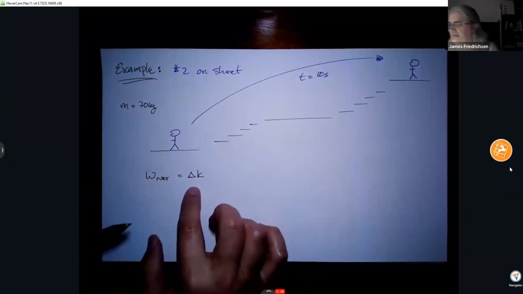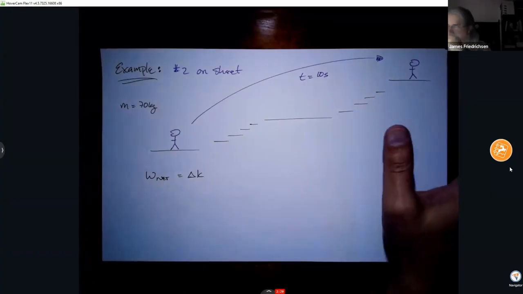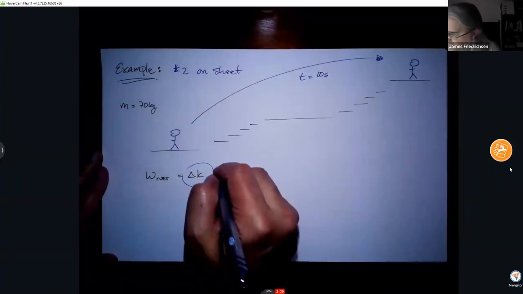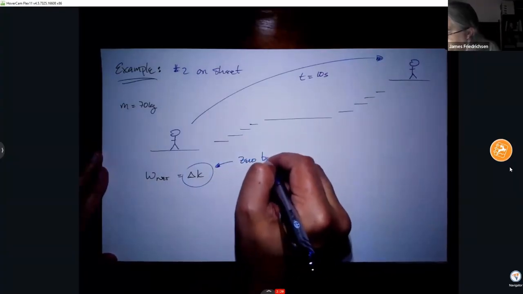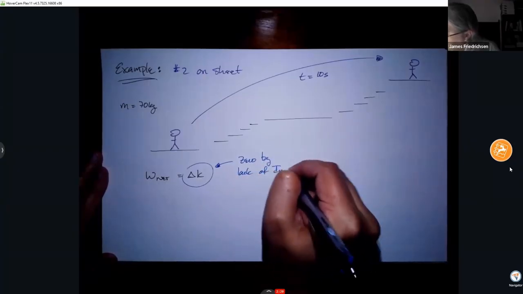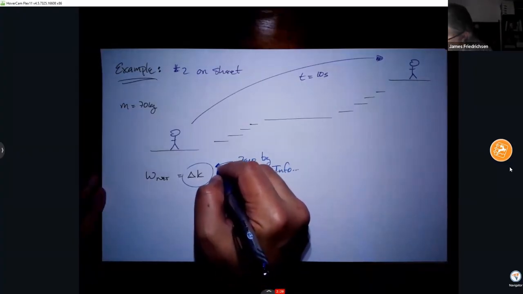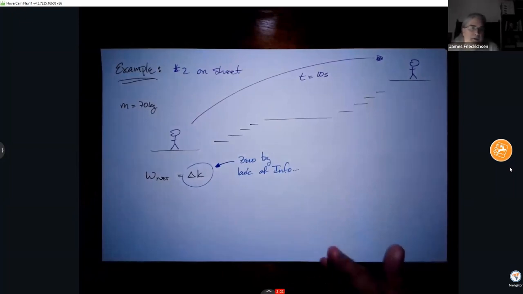Now, the thing in the problem is that they didn't describe how the student sped up as they went up the stairs or that they slowed down as they went up the stairs. So the implication is that there was no change in kinetic energy. Because we can't just come up with, oh, they sped up by this amount or they slowed down by this amount just out of the blue.